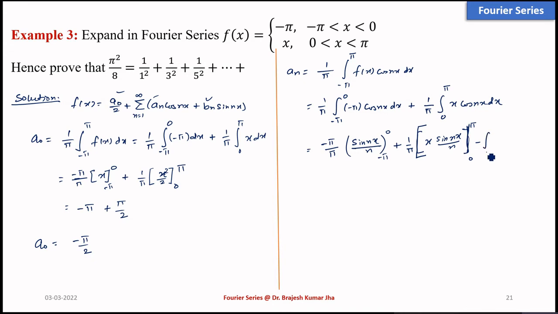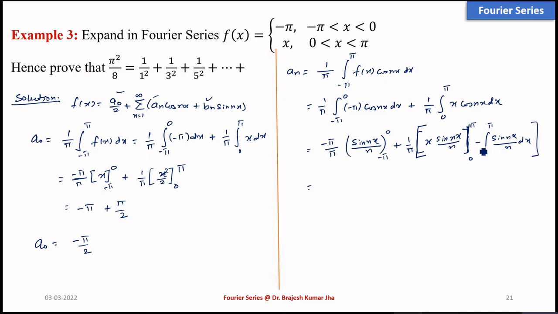Differentiation of x is 1, integration of cos nx is sine nx by n, dx. Okay, sine 0 is 0, sine pi is also 0, so the whole term will be 0. What about this? This is also 0. So only this term we have left.